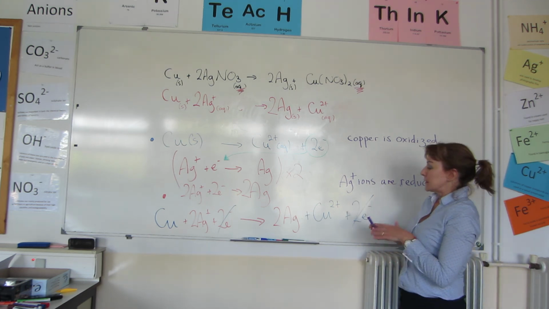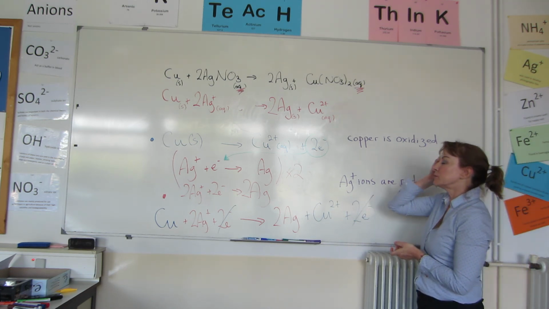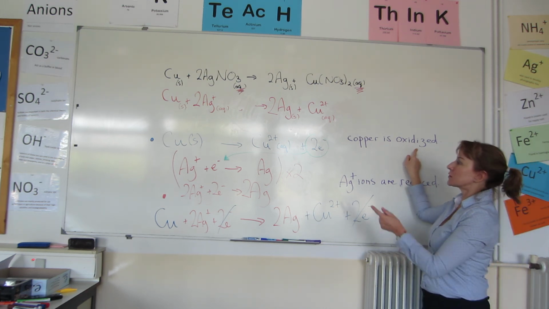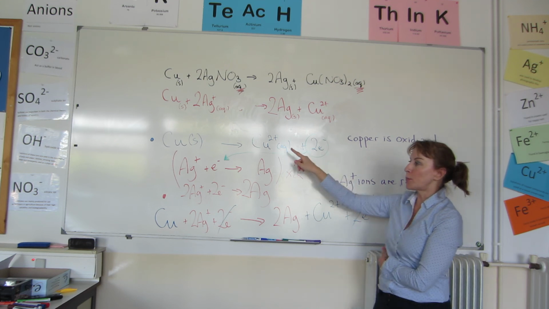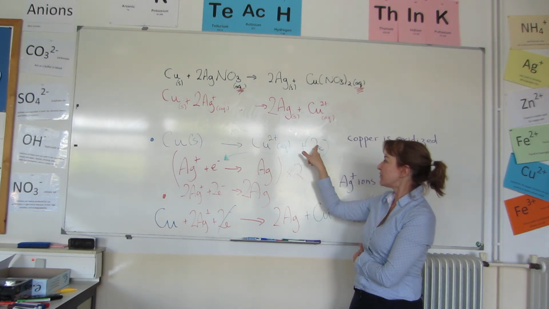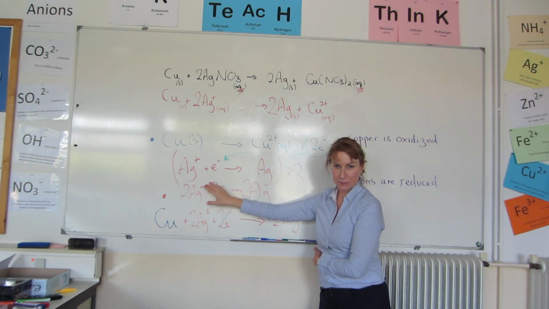Something else that we will come back to at the end to show you, just to be 100% sure. Copper is oxidized because it lost electrons. I could also say that copper is the reducing agent because it gave its electrons to the silver ions.